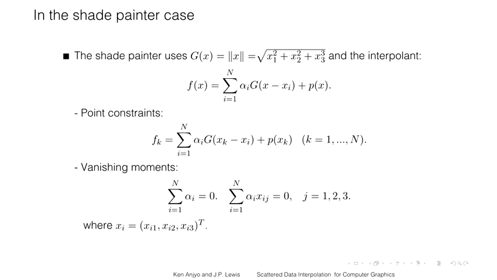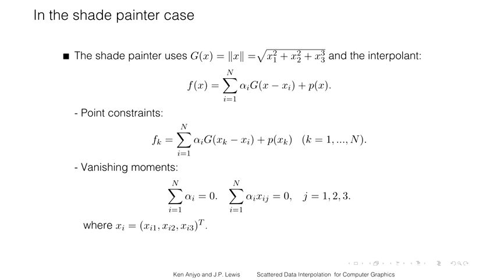Also, let me review once again the case of Shade Painter. We have this formulation for describing the RBF interpolant, and the point constraint is given there in the second line. In the third line, we add the vanishing moment condition.